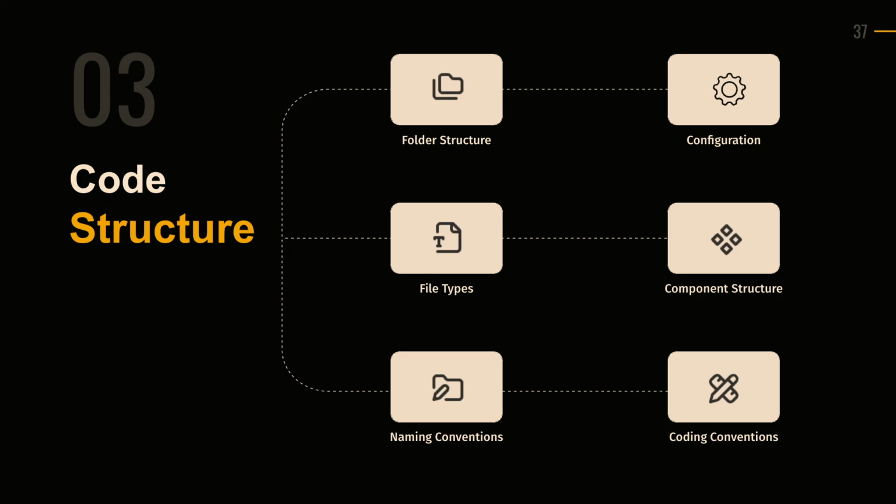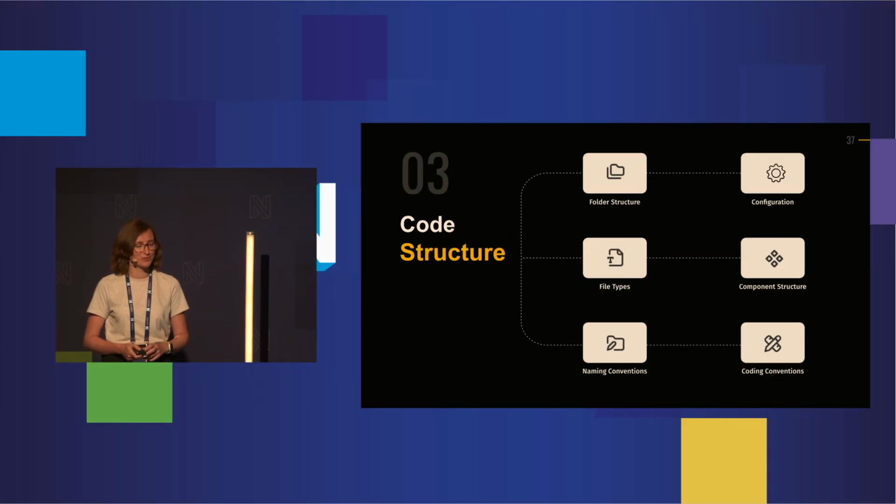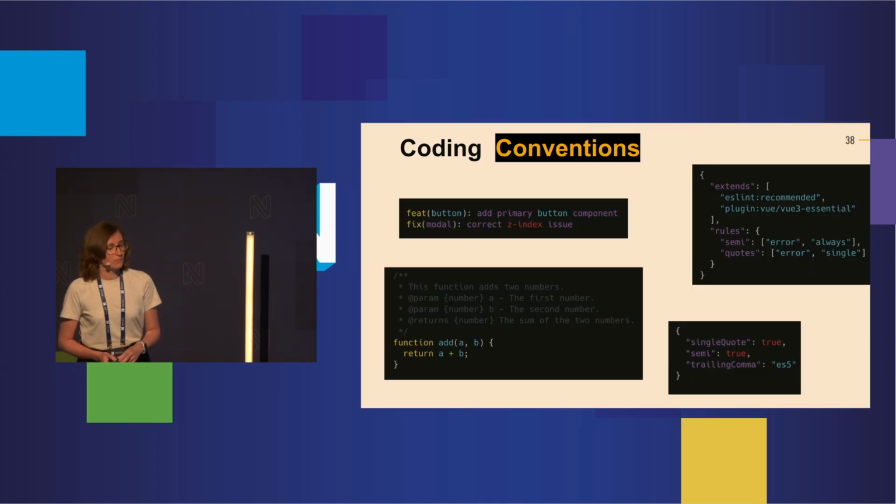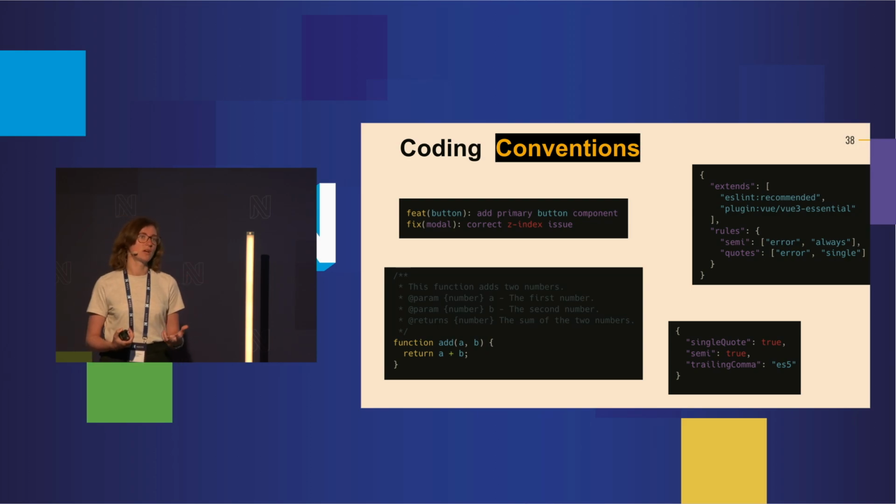The next part is code structure. So in front-end code bases and large code bases, of course, we also work with a lot of code and not just design. As I said before, the architect starts to add some more rules, some more structure, and that can be in many different ways.